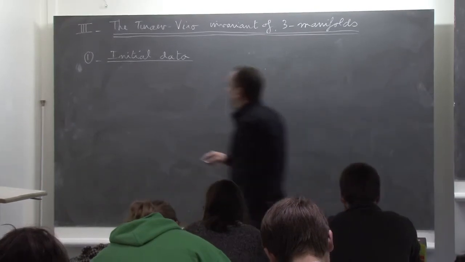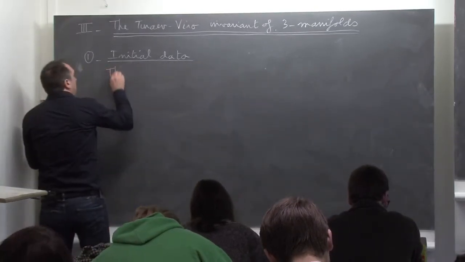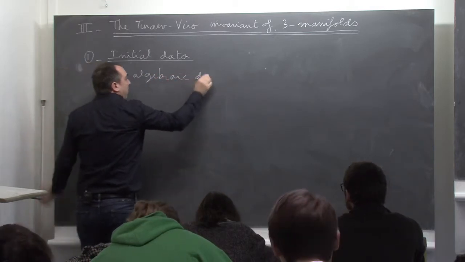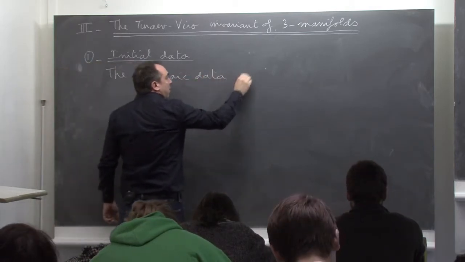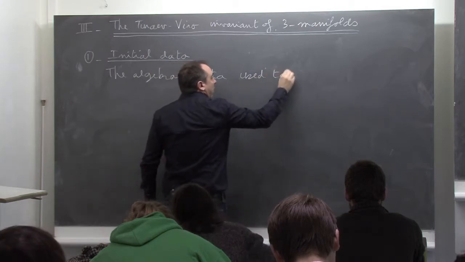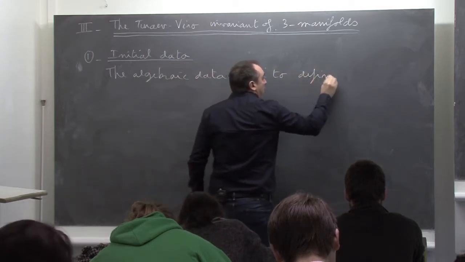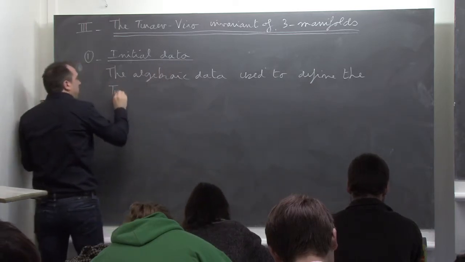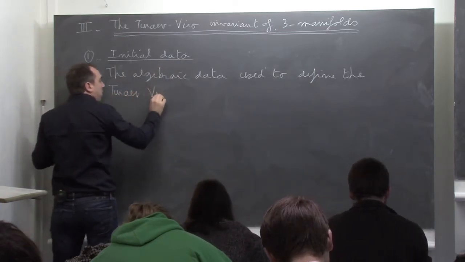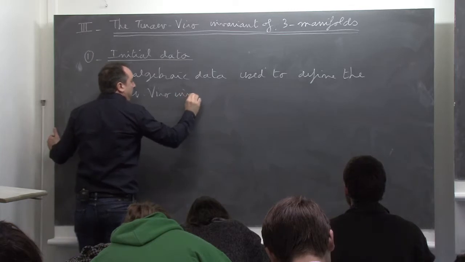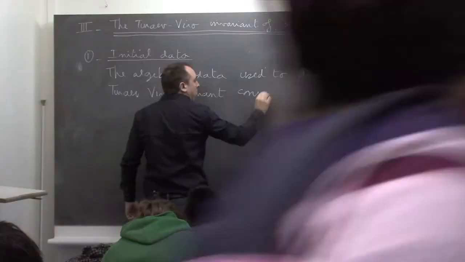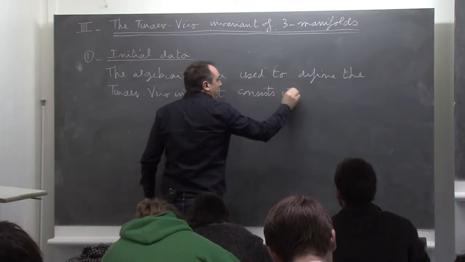So the algebraic data used to define the Virelizier invariant consists in the following.